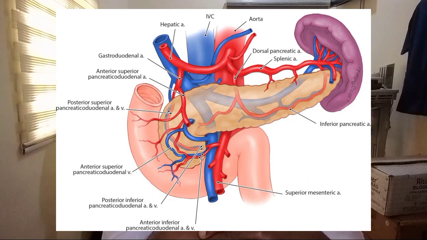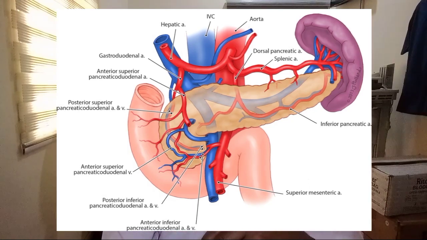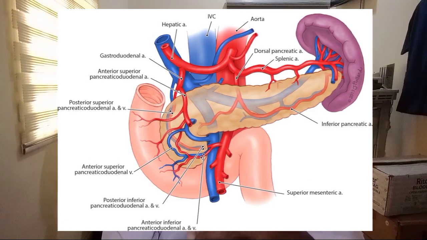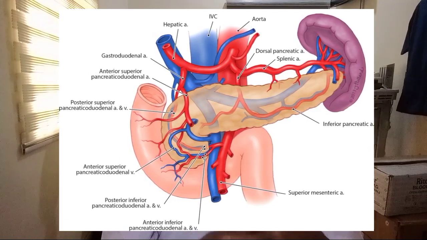The gastroduodenal artery courses inferiorly within or along the anterolateral border of the head. The left gastric artery is small and usually cannot be identified by ultrasound, so you may not want to take too much time looking for it.